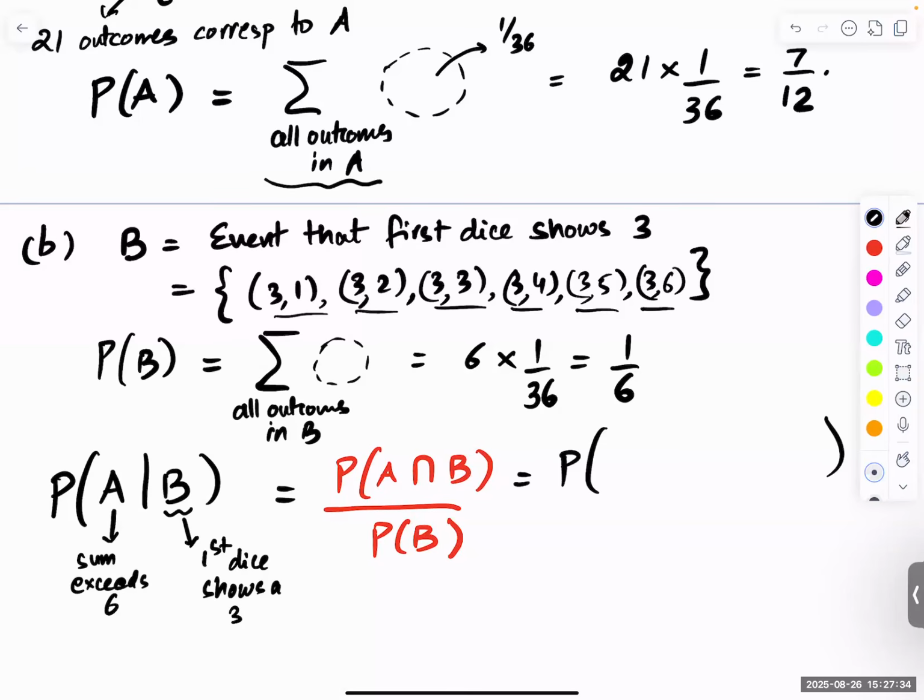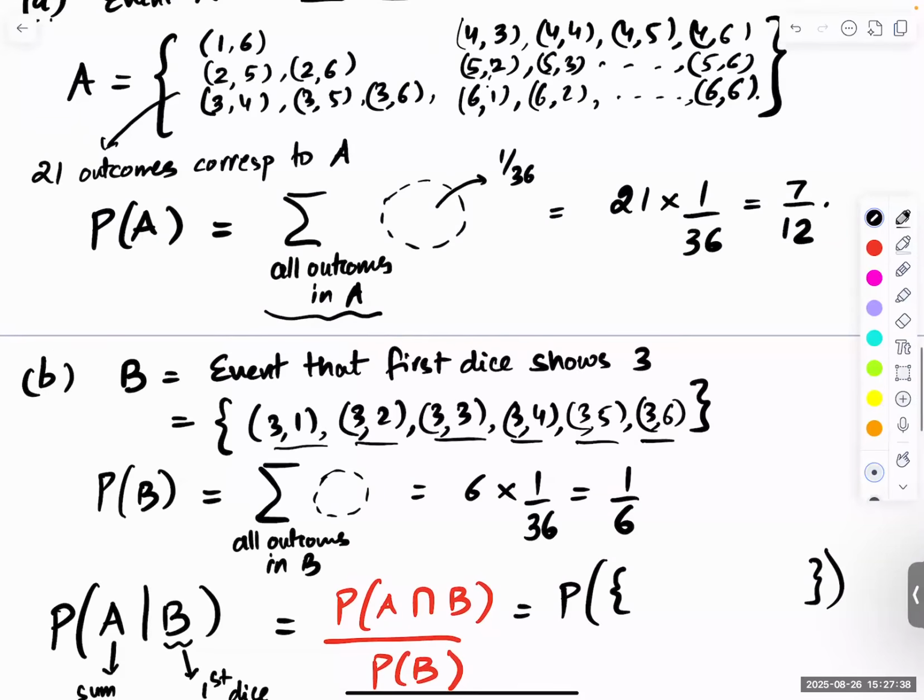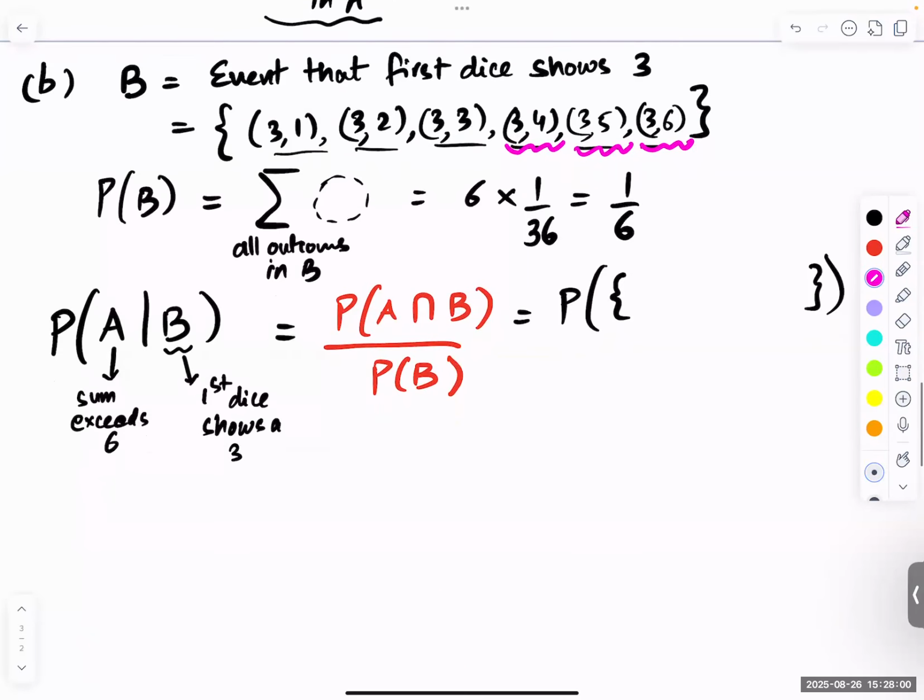Now, what is A intersection B? Let's look at B and let's look at A, and see what these have in common. Well, B has all the outcomes which show 3 in the first try, and then A has 3 and 4, 3 and 5, and 3 and 6. So these are the common parts. So we can take all of that and put it here.